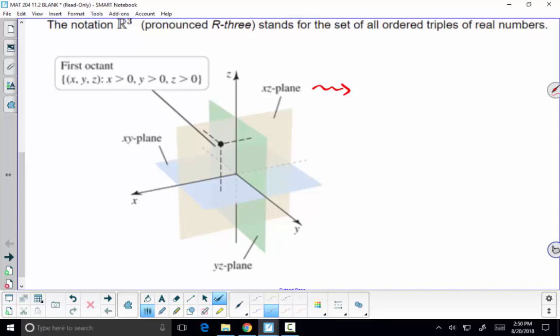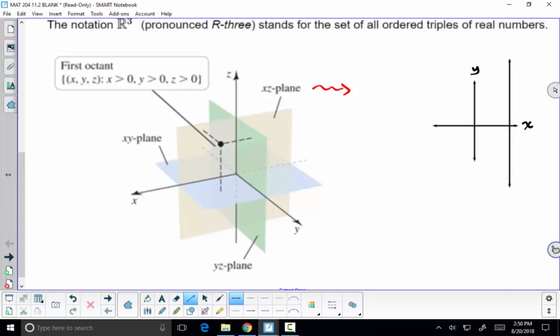Let's look at something analogous in 2 dimensions that will make this really obvious. If we look at a 2-dimensional coordinate system, and we look at the vertical line through 4, so 1, 2, 3, 4, don't we say that that's x equals 4?